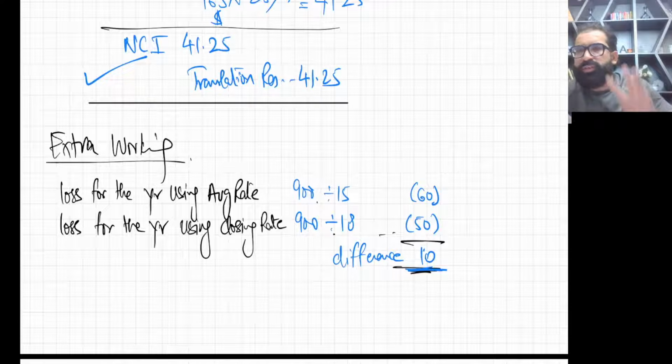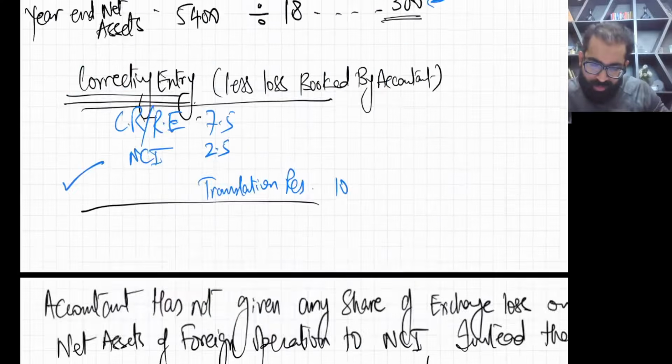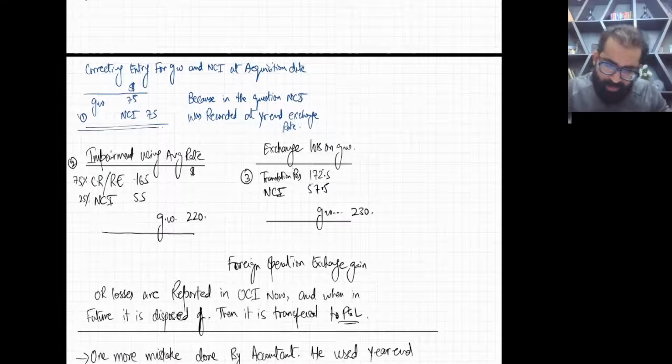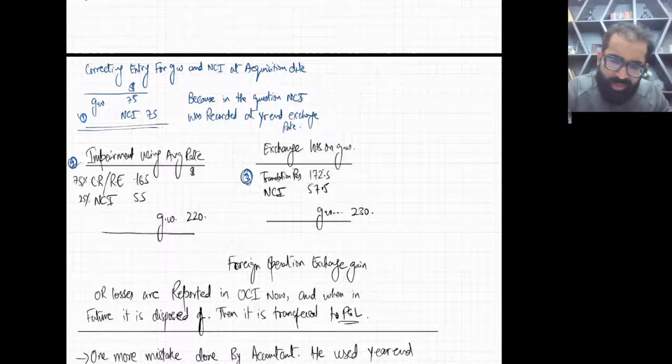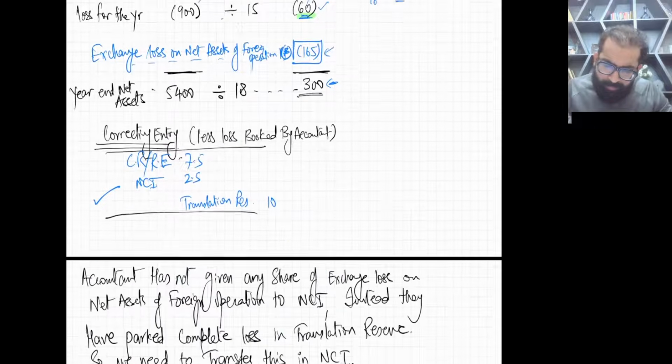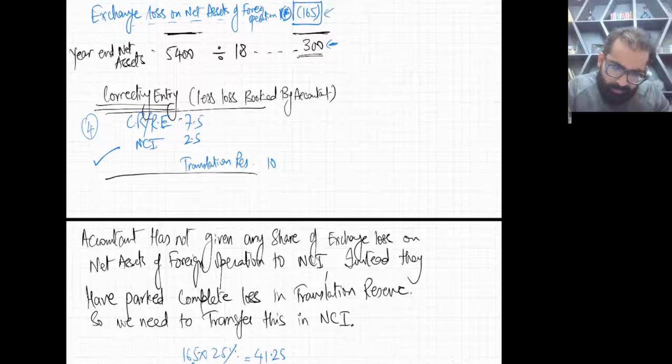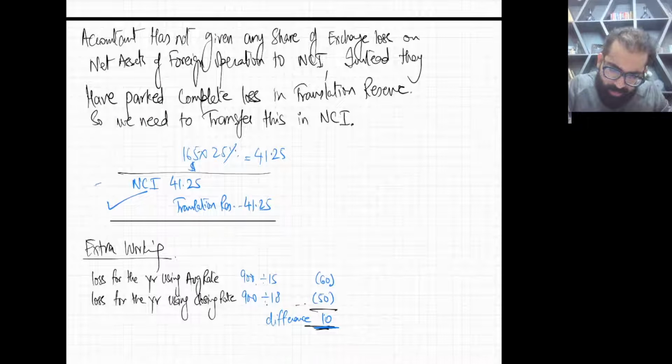Now my dear student, we need to post just 5 entries and 99% of the question is done. See, this is the first entry, second entry, third entry. These are related to goodwill. Then we have this fourth entry, and then this fifth entry.